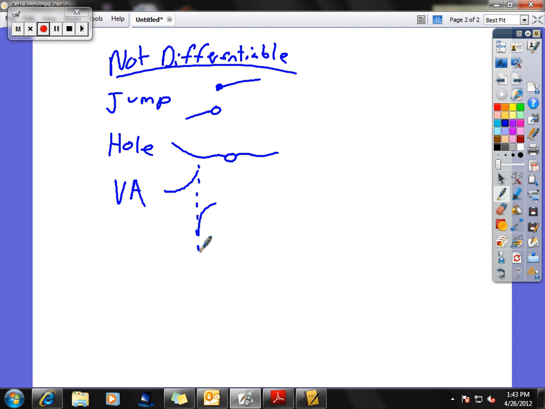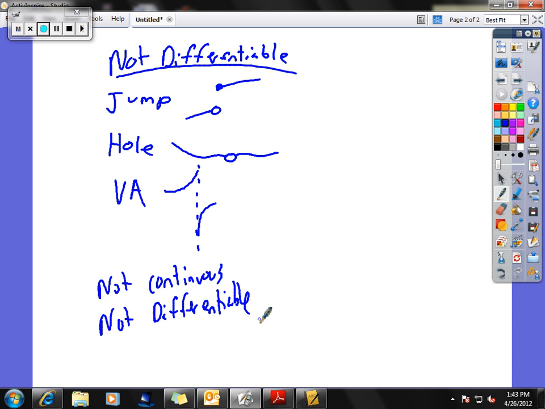But there's actually some other situations that are not differentiable but that are continuous. So these are not continuous and not differentiable, the ones I just did. If they're not continuous, they're automatically not differentiable.